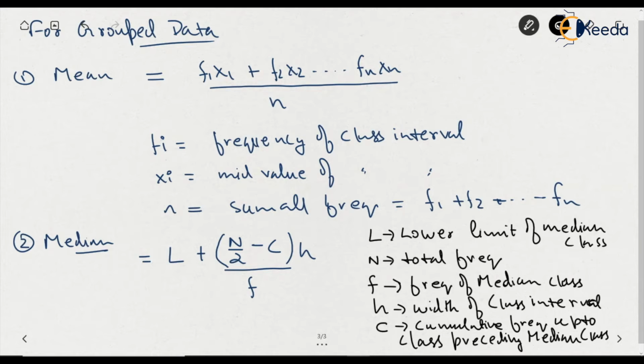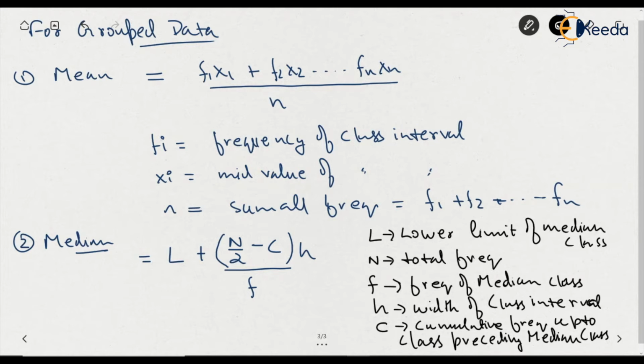This means what? If the median class was 15 to 20, before that it may be 11 to 15. So all the frequency up to the interval 11 to 15. So 0 to 5, 6 to 10, 11 to 15, all these intervals we will add up, all the frequencies. That will give you the C.